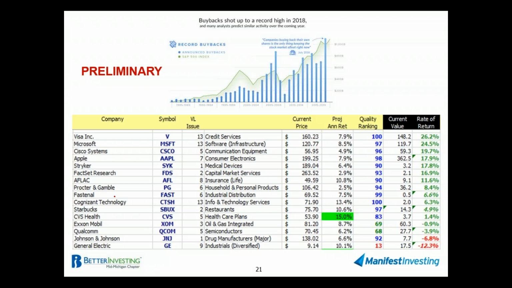Mark, we have a couple people. Bill Thompson is one of them. Would like you just to explain that current value column one more time, how you came up with that. Okay, the current value would be the net of their repurchases over that. It's mostly 10 years. Some of them are 8, but mostly 10-year periods. So that's the total number of shares. It's net because they could have actually sold and issued shares also.